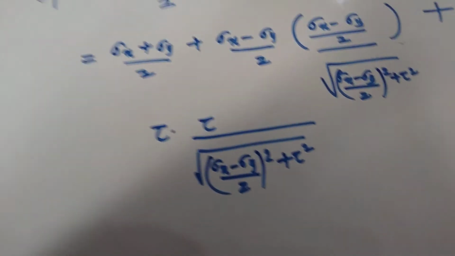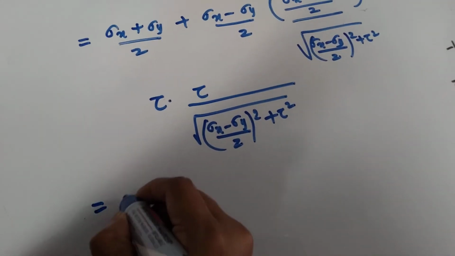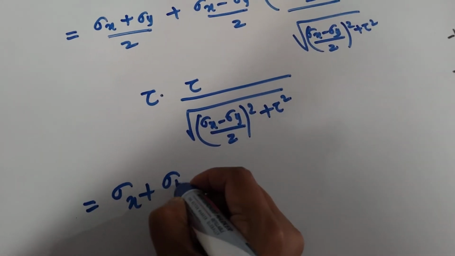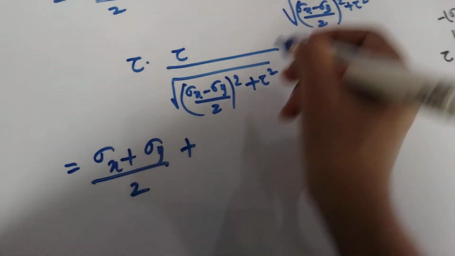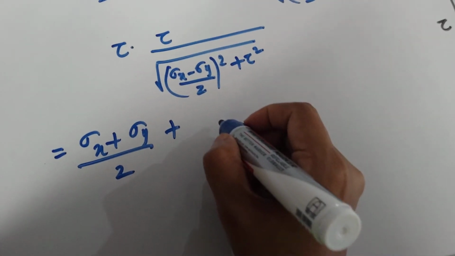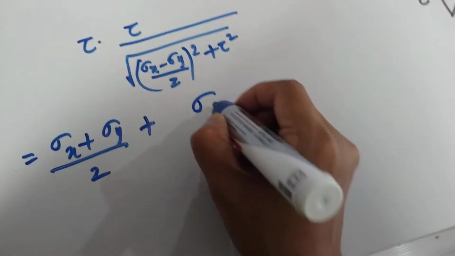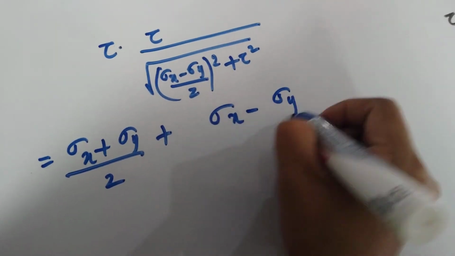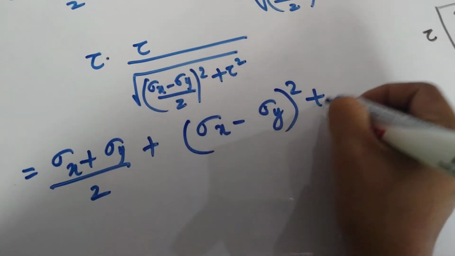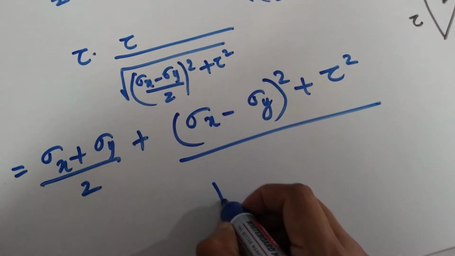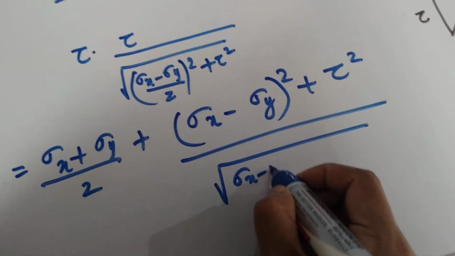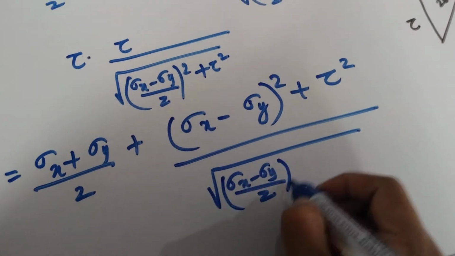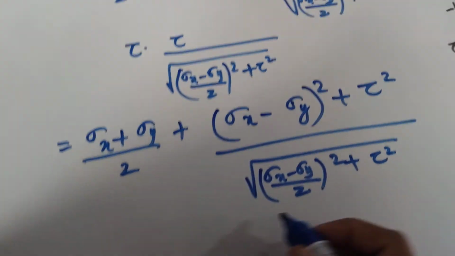After simplifying, the denominator is the same, so we get (sigma x plus sigma y)/2 plus ((sigma x minus sigma y)/2 whole squared plus tau squared) divided by root of ((sigma x minus sigma y)/2) whole squared plus tau squared.